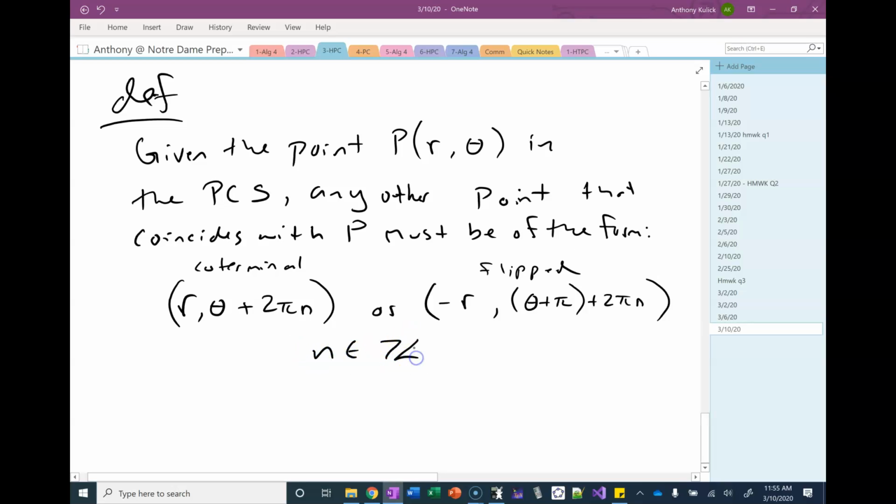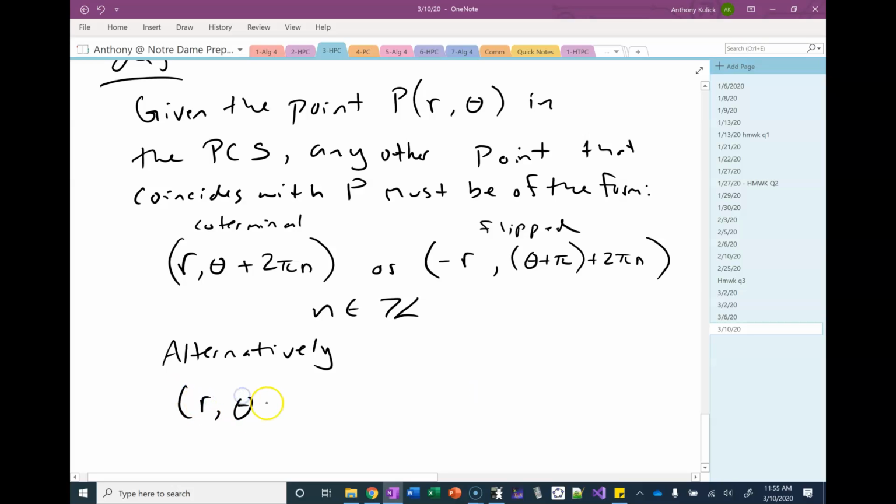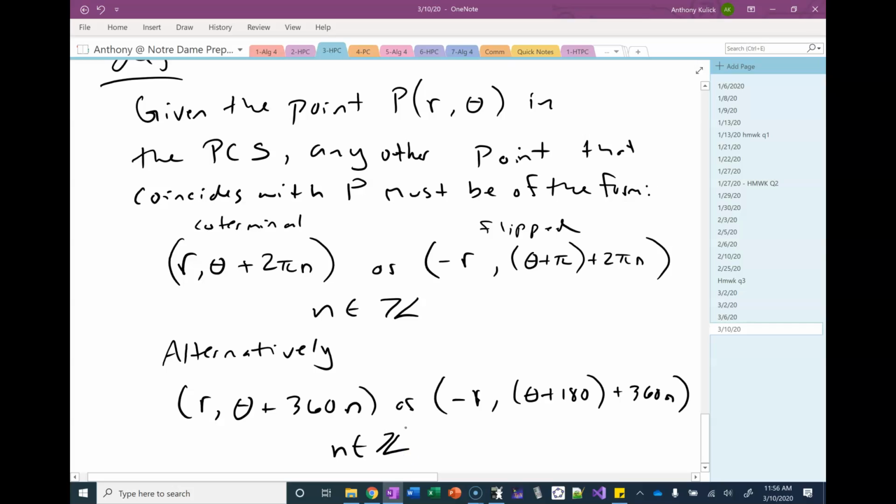And I guess this is where n is just some integer value. And if we have a way to do this with radians, we should probably also describe the way to do that using degrees. Again, where n is just some integer.